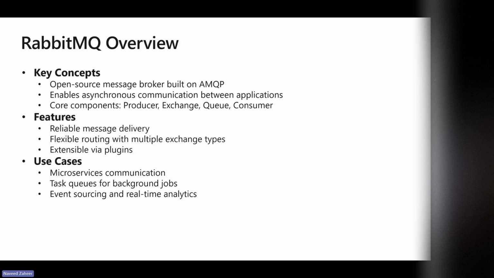A number of organizations are using it. It has all the capabilities that a message broker has. You can extend it through plugins, and it supports all the integration scenarios that you want a message broker to support.